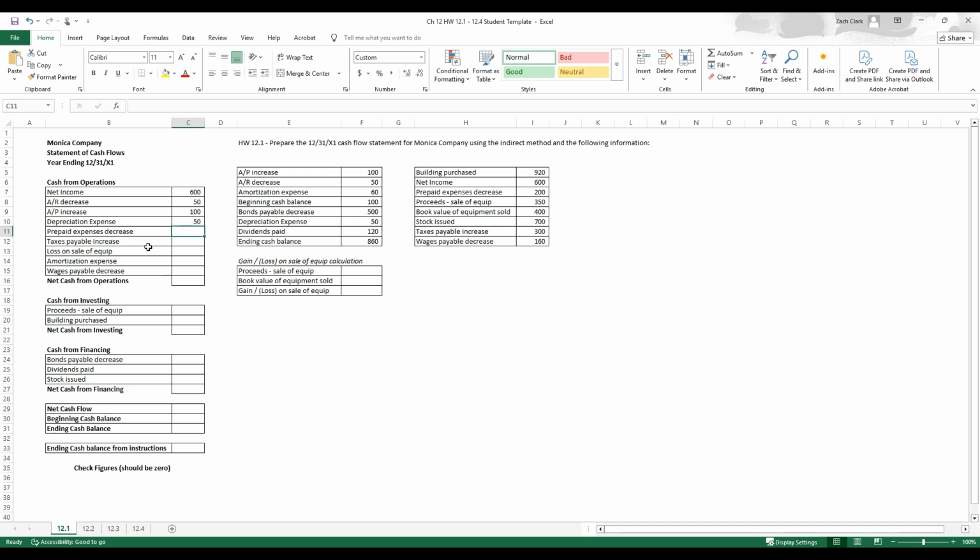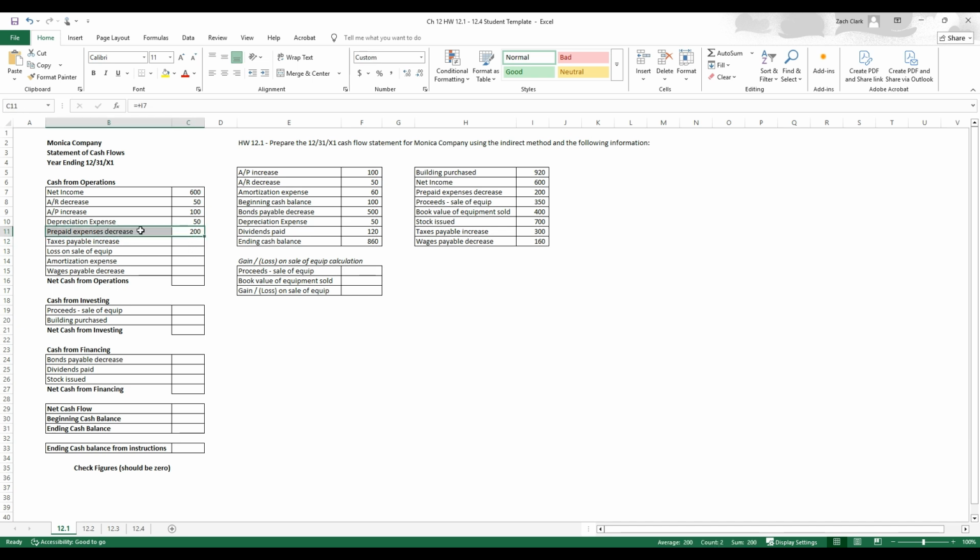Prepaid expenses decreased. Again, this is one where thinking of the opposite helps me the most. When prepaid expenses increase, that's a cash outflow because we pay cash for prepaid expenses that we'll utilize in the future, so that would be a negative impact. But with prepaid expenses decreasing, it's the opposite, a positive impact.